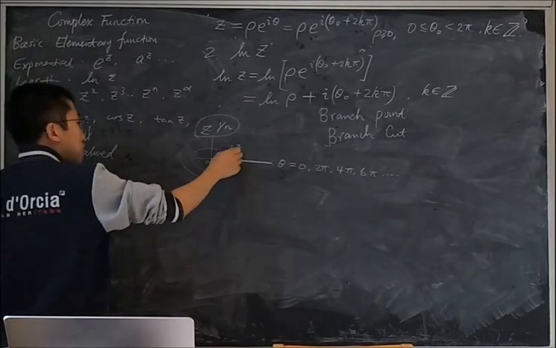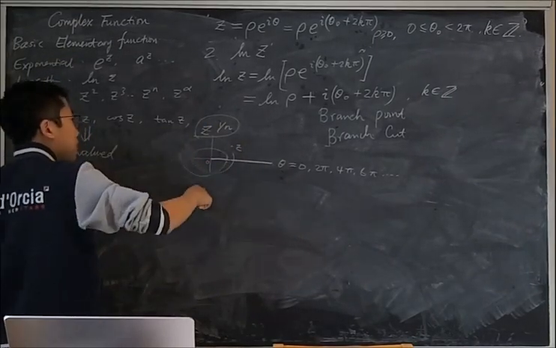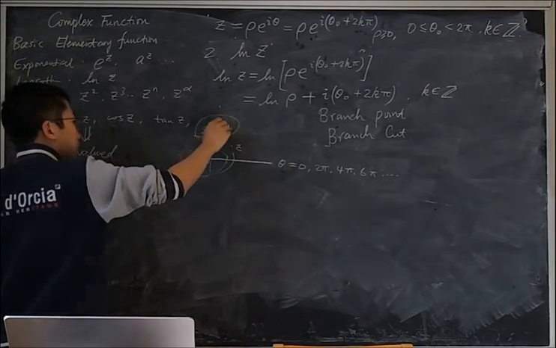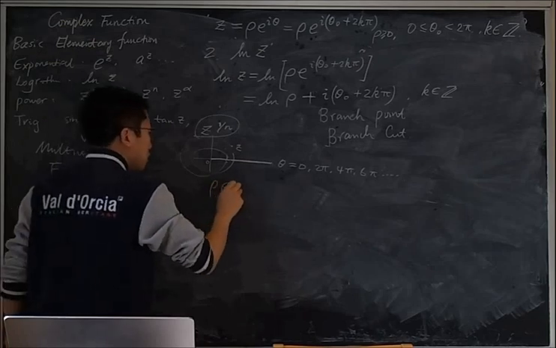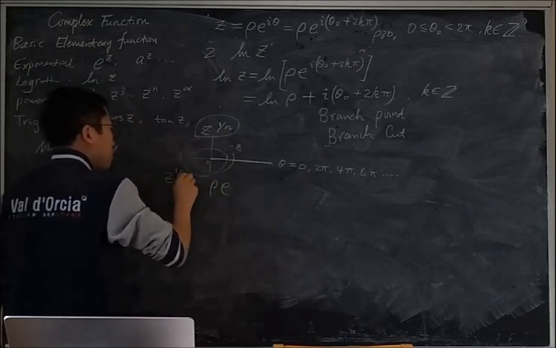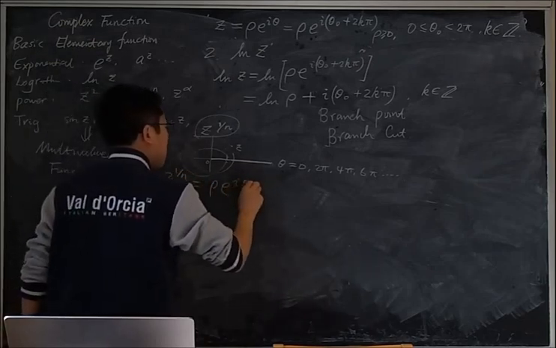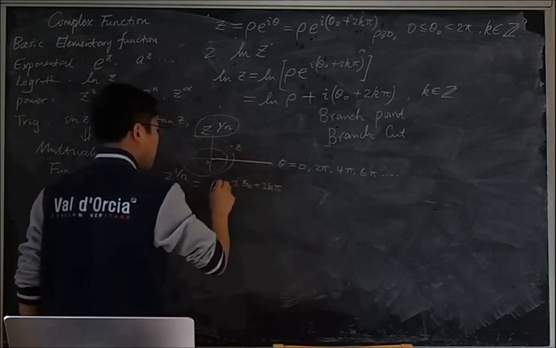And when that goes around like this, if I write it explicitly, z to the 1 over n equals rho e to the i theta naught plus 2k pi, all over n.